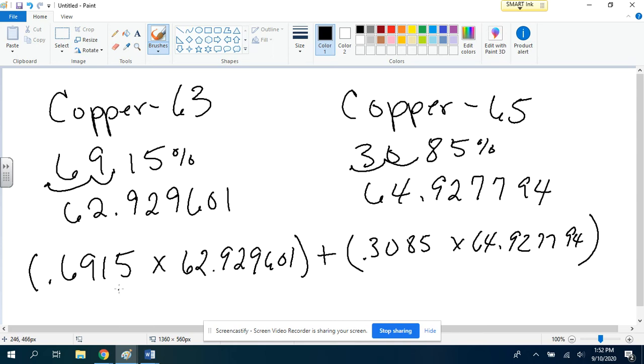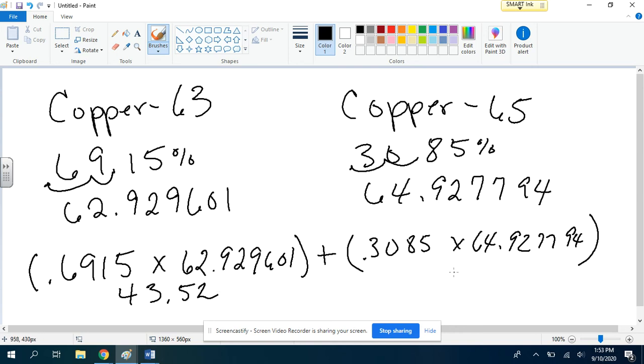All right, so for this one, you're going to get 43.52, and sig figs would be 4, so that's your lowest one is 4. And for this one, I'm going to stick this in my calculator. So I wrote my answer down.